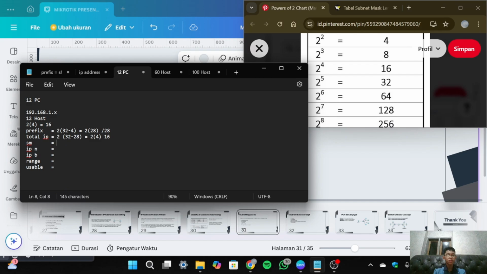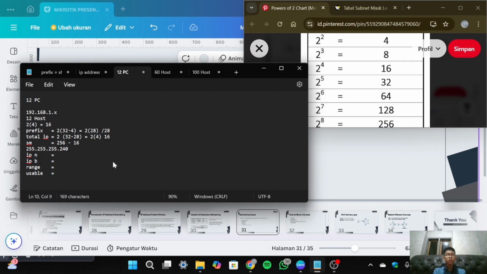In subnetting, it is 256 minus the total IP, which is 16. So the subnet mask is 255.240.